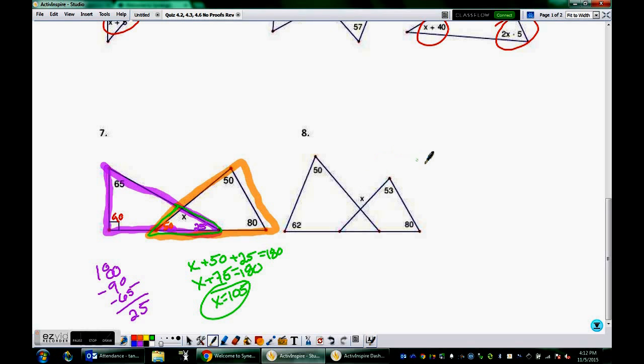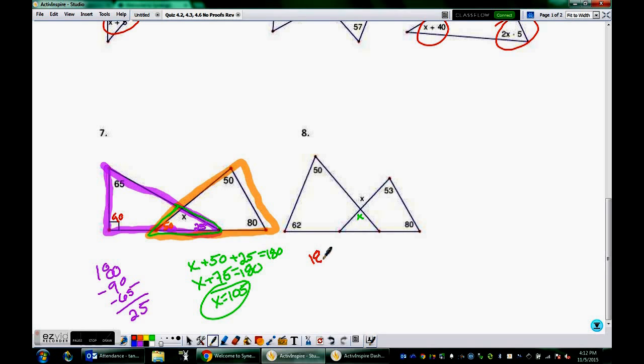Okay. For number 8, we're going to work the same way because my x here is a vertical angle to here. Okay. So when I go to work this one out, I've got 50 and 62.